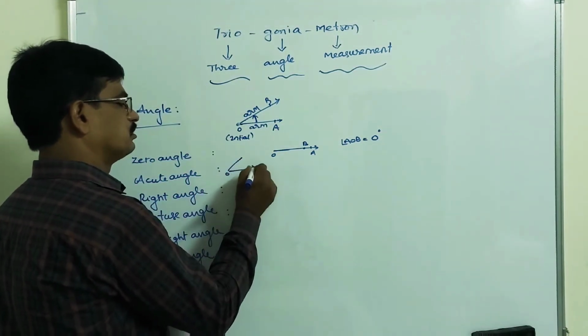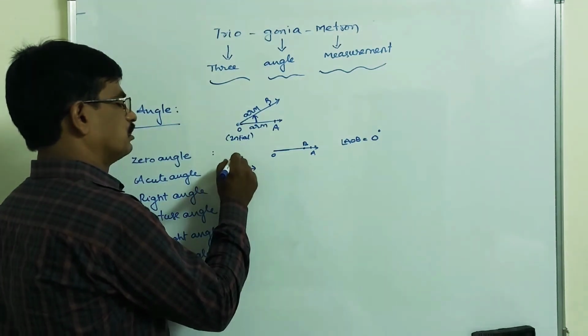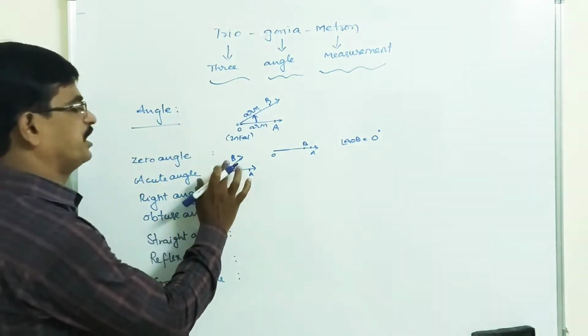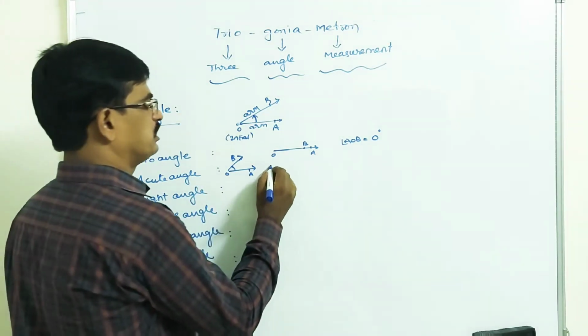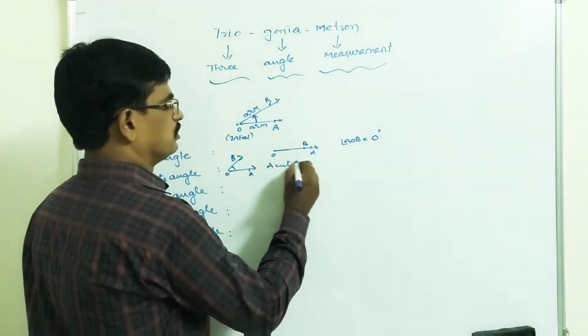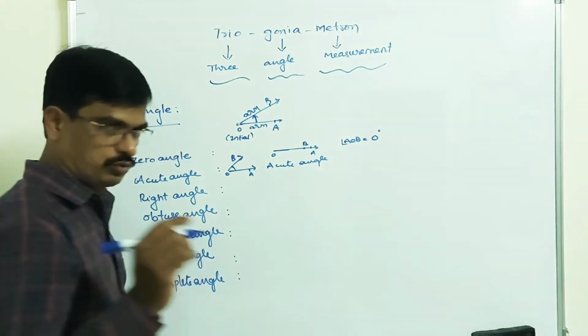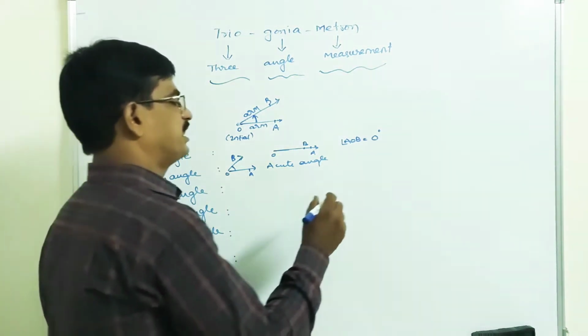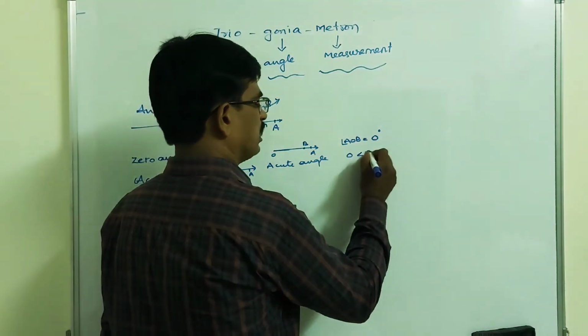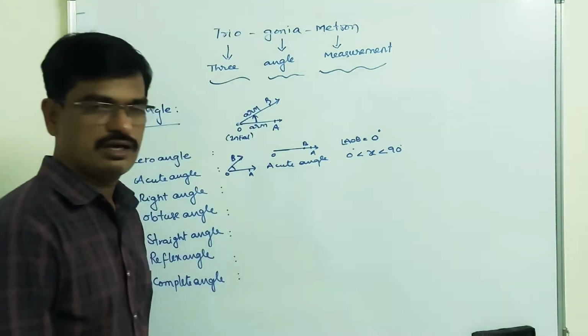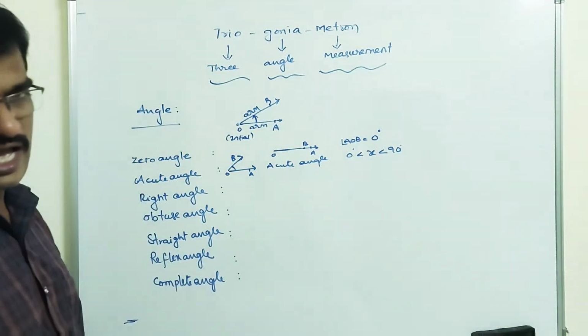Here, the angle made by ray OB with OA is an acute angle. An angle whose measure is greater than 0 degrees and less than 90 degrees is called an acute angle.